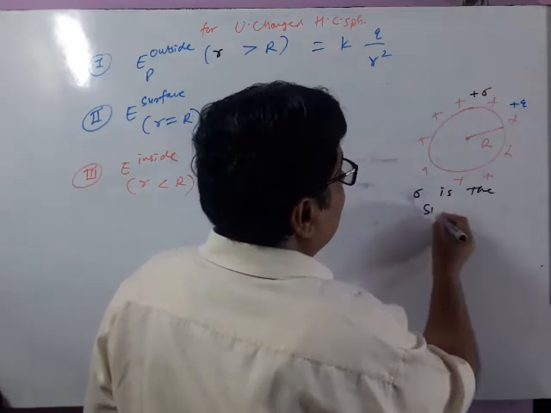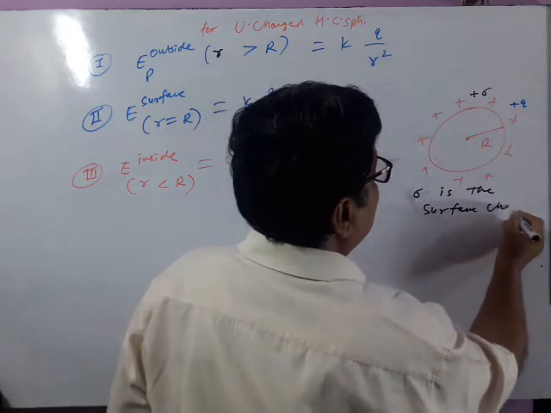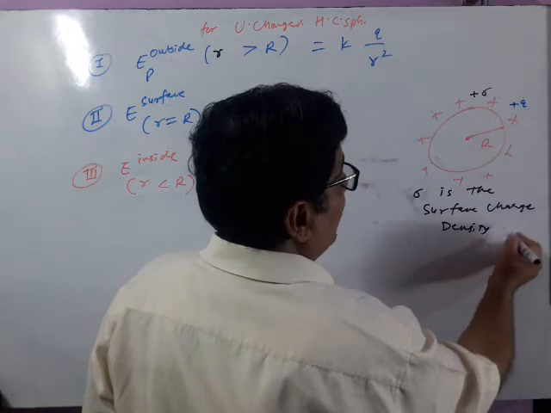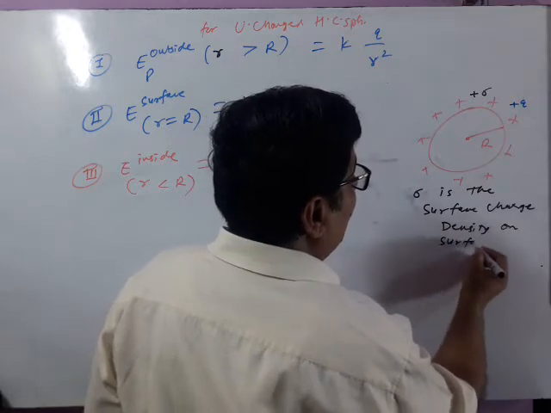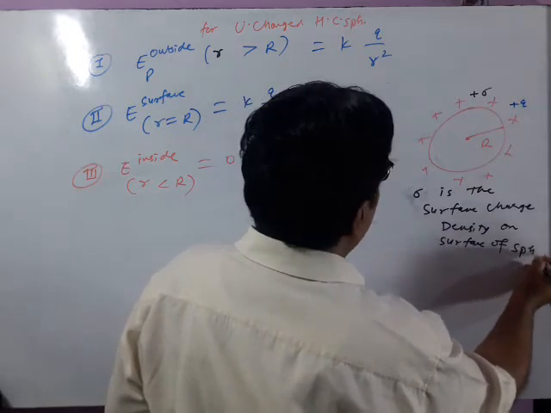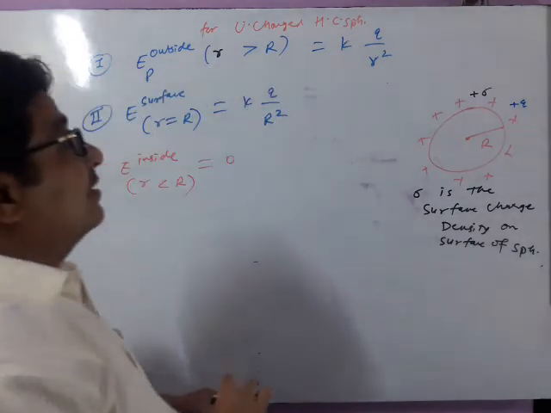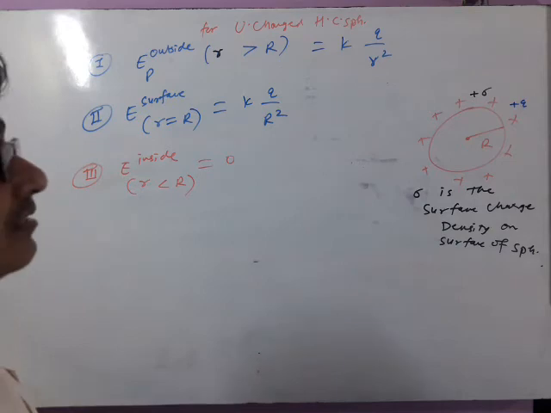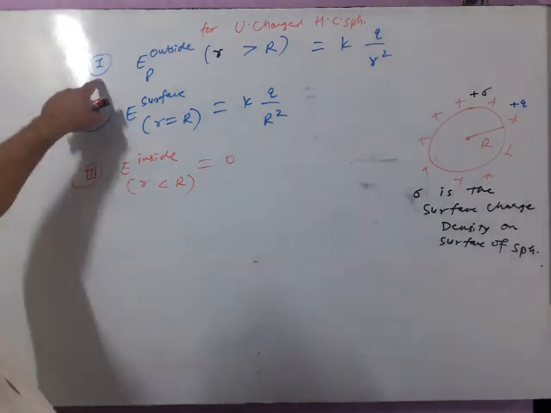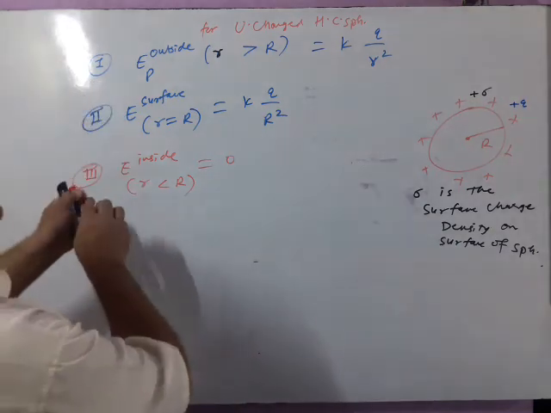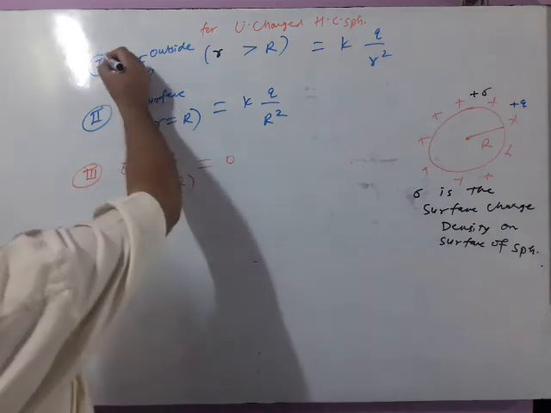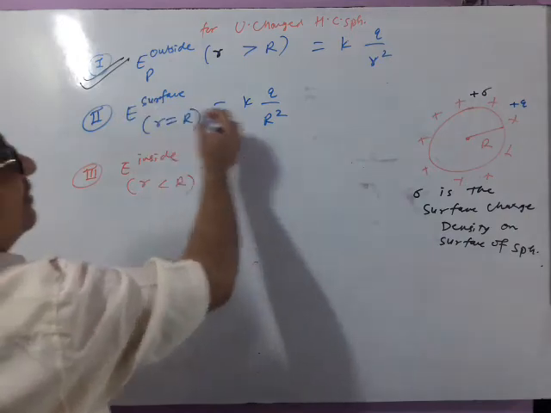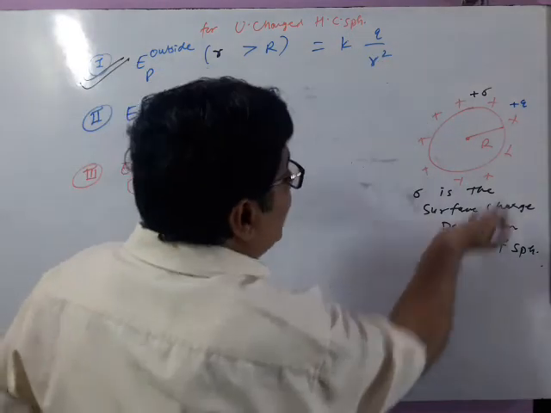Sigma is the surface charge density on the surface of the sphere. Then what will you do? Then you will solve the whole topic as done in part 1. Means you will start from the beginning and after deriving up to this, you will input.